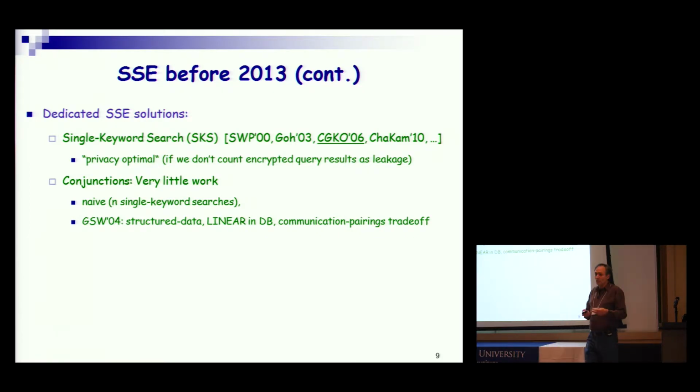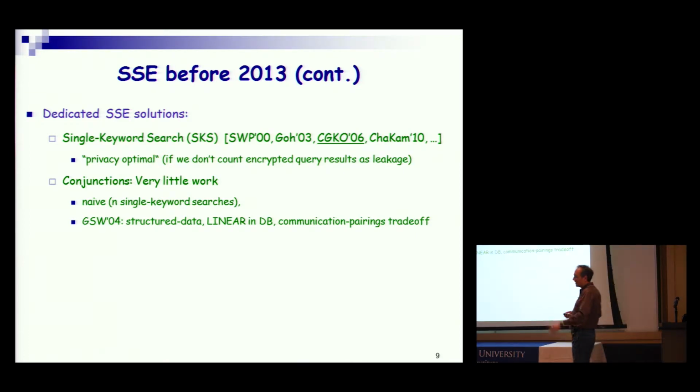So if we go now to this world where things are more practical and trying to reduce the amount of leakage, we had dedicated solutions for single keyword search. I mean, if you just wanted to search by one keyword, give me all the documents that have the word Vinod, then Vinod was all the time referring to me, so I'll refer to you all the time.